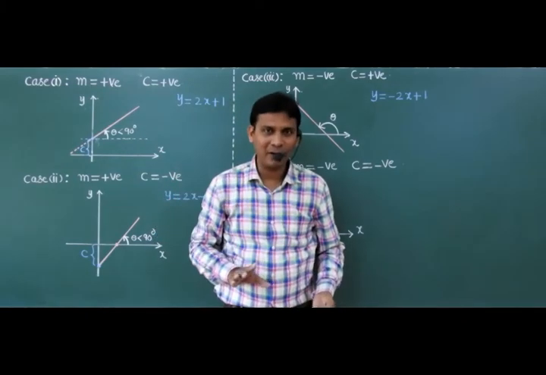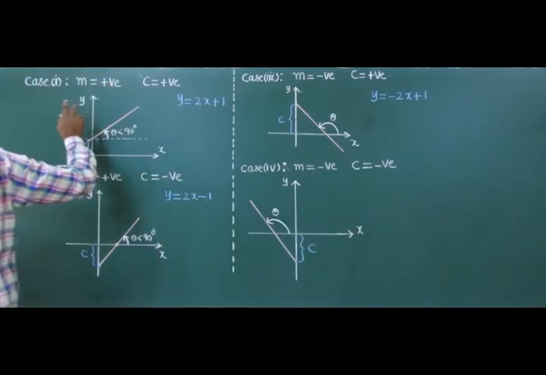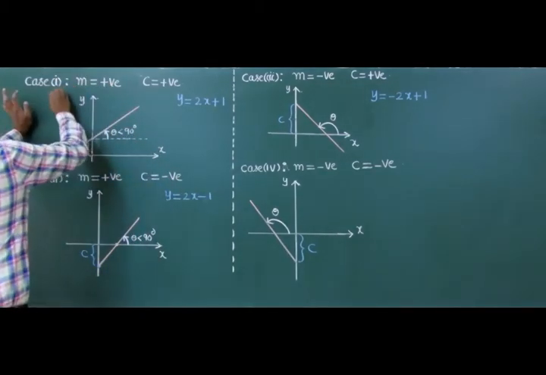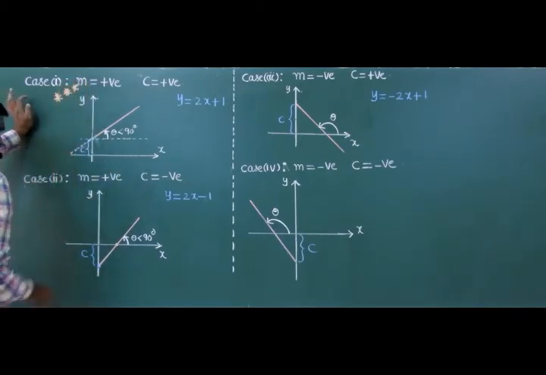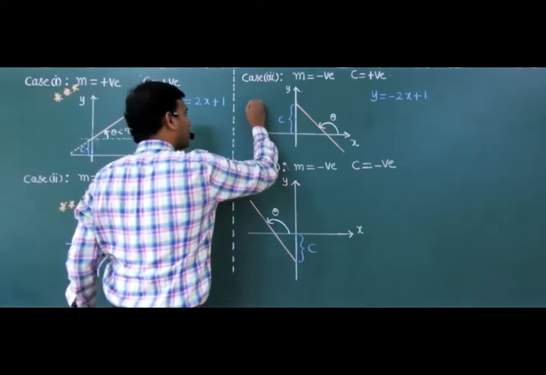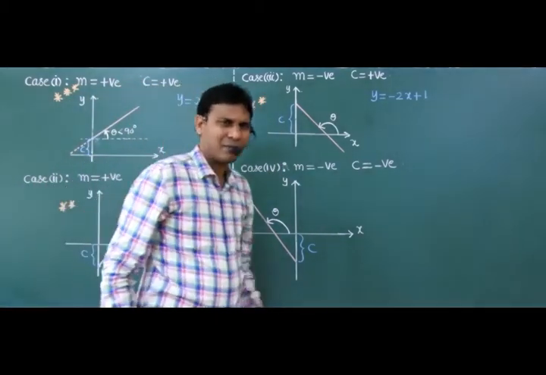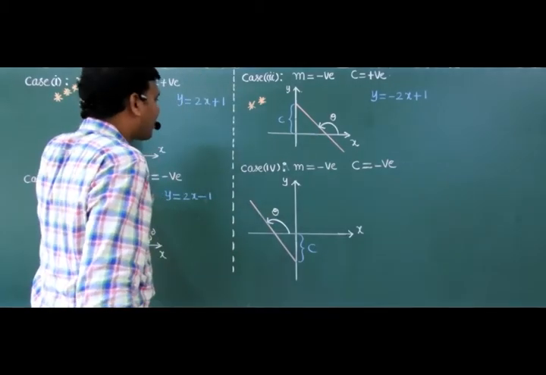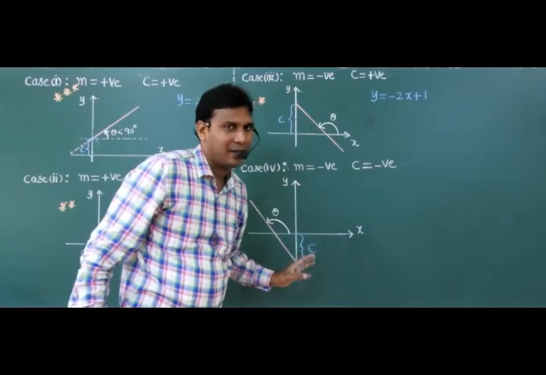But from the physics point of view, this case is very important, and this case is also very important, and this case is also very important. Most of the relations in physics are in the form of case 1, case 2, case 3. Clear? Right.